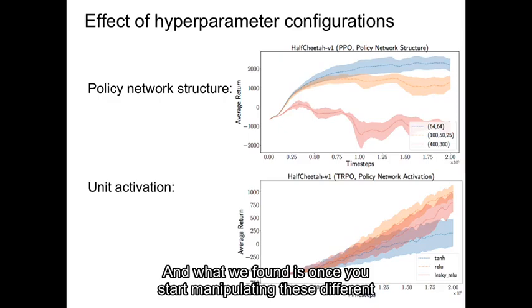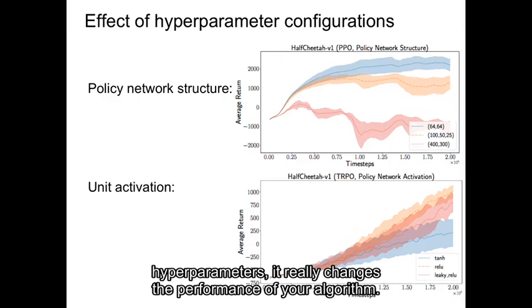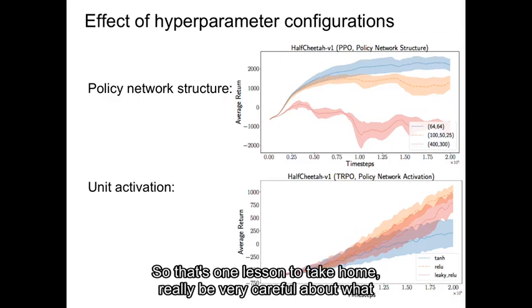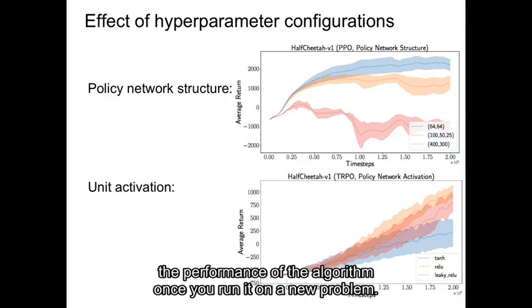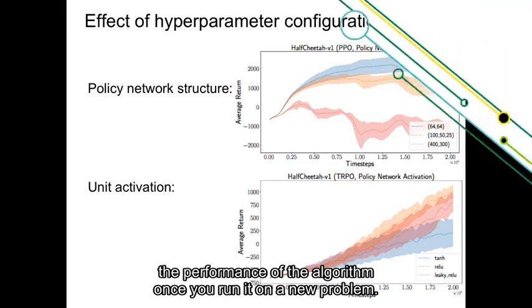What we found is that once you start manipulating these different hyperparameters, it really changes the performance of your algorithm. So that's one lesson to take home. Be very careful about what the hyperparameters are, how they're set, and how that might affect the performance of the algorithm once you run it on a new problem.